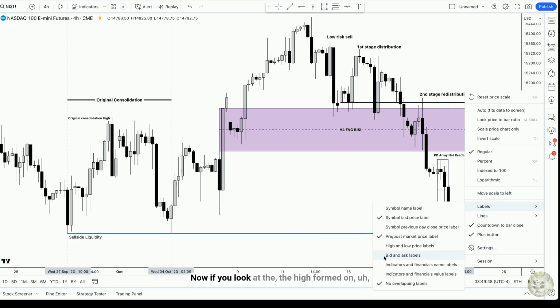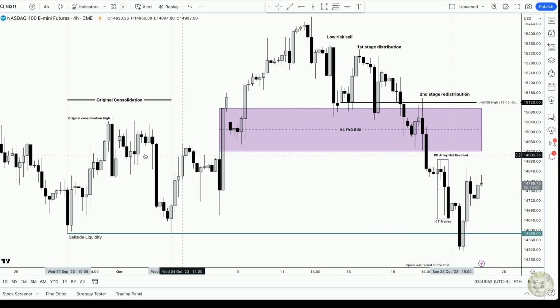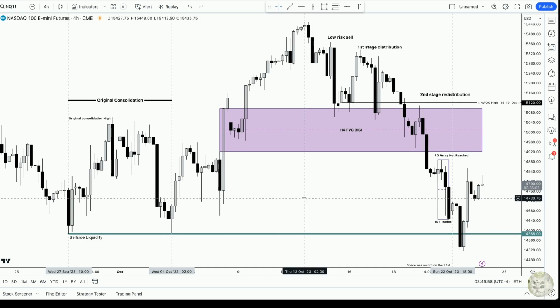Now, if you look at the high formed on October 12th, and on your 4-hour chart, it should be your 10 a.m. candle. That is a smart money reversal.